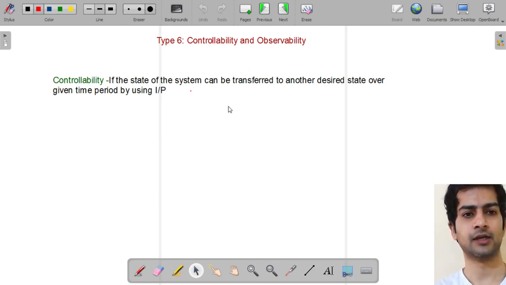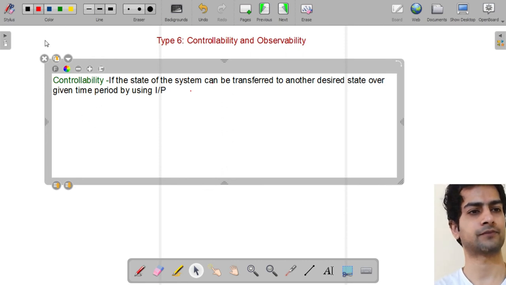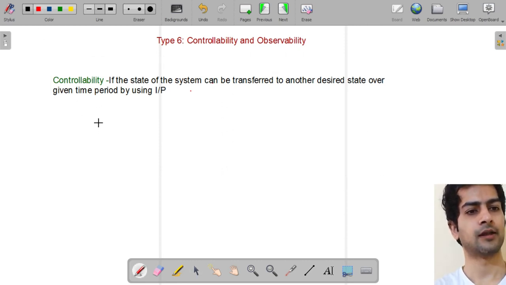First is the definition of controllability. Suppose we have a counter, and let the output of the counter be 000. Now this state changes to 001 when we apply an input.